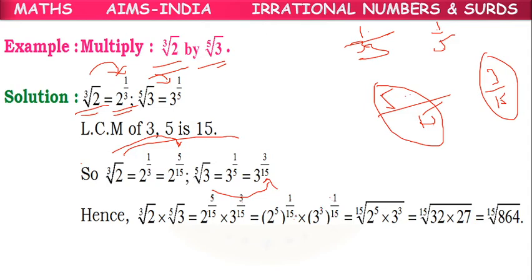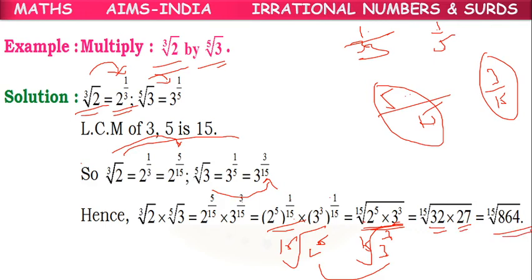So it can be written as 15th root of 2 power 5, and 15th root of 3 cubed. Both are under the 15th root, so the order is the same. We can multiply them and write them under one root. 2 power 5 is 32, 3 cubed is 27. If you multiply, it is the 15th root of 864.